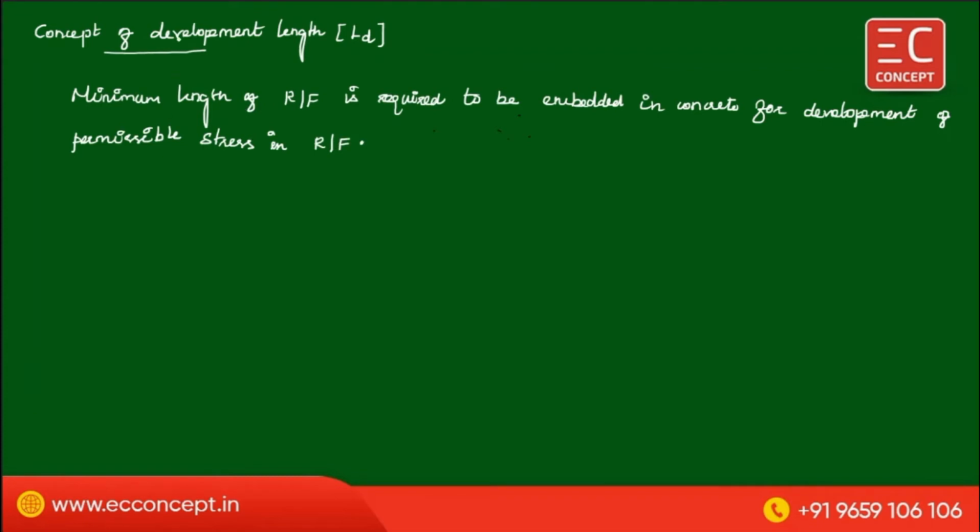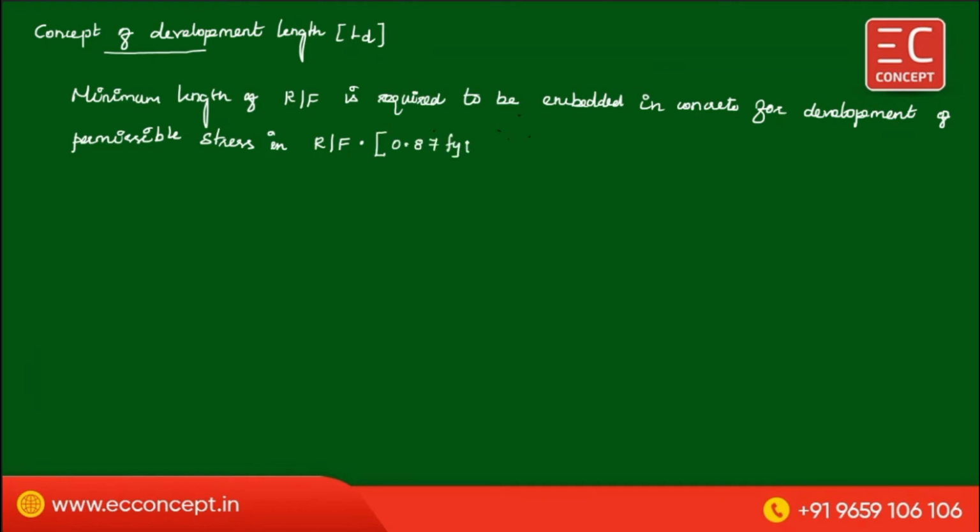What is a development length? It is the minimum length of reinforcement required to be embedded in the concrete for development of permissible stresses in reinforcement. What is a permissible stress in reinforcement?